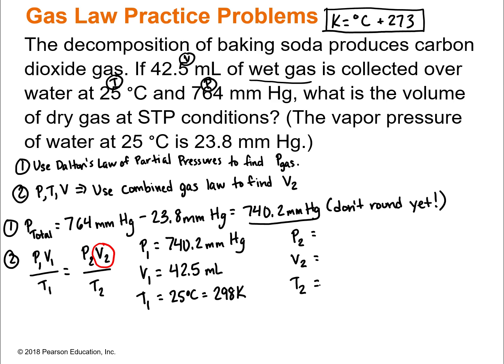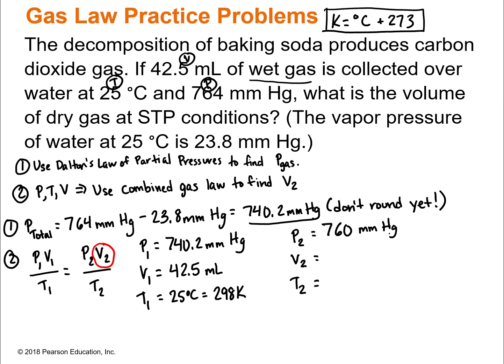Our second set of conditions says what is the volume of dry gas at STP conditions. So what is our pressure if it's standard temperature and pressure? We just talked about this a couple of questions ago. It's 1 atmosphere. 1 atmosphere is the same thing as 760 millimeters of mercury.